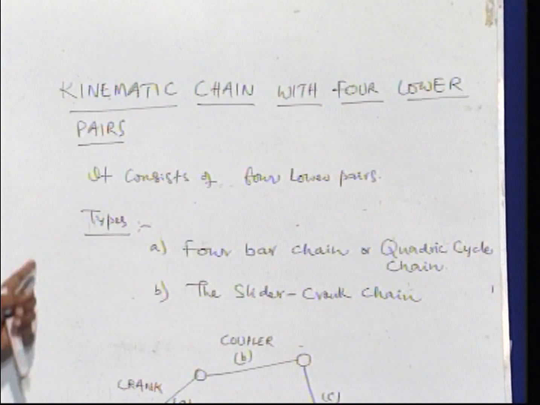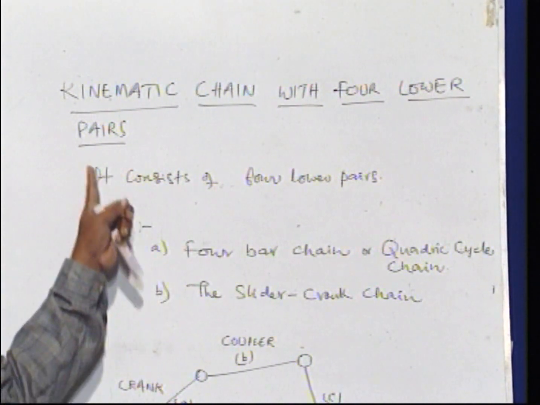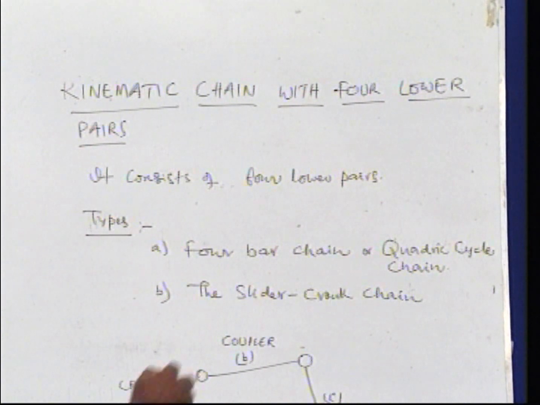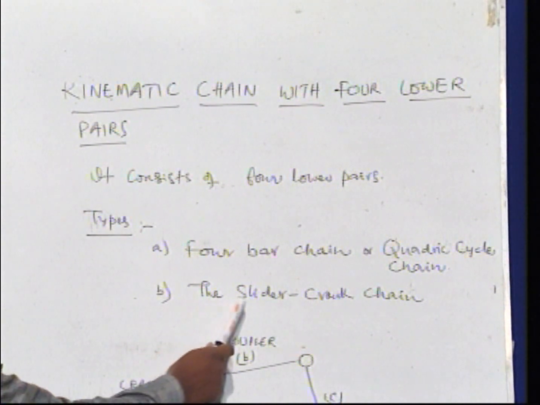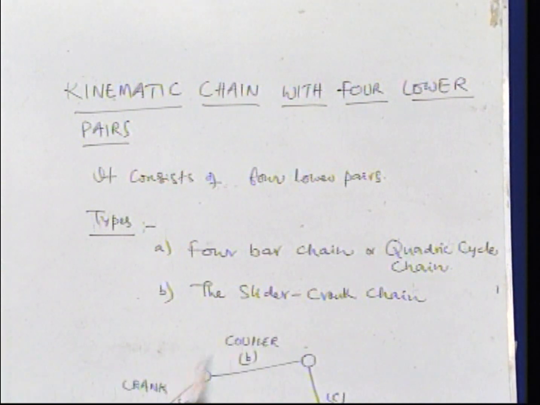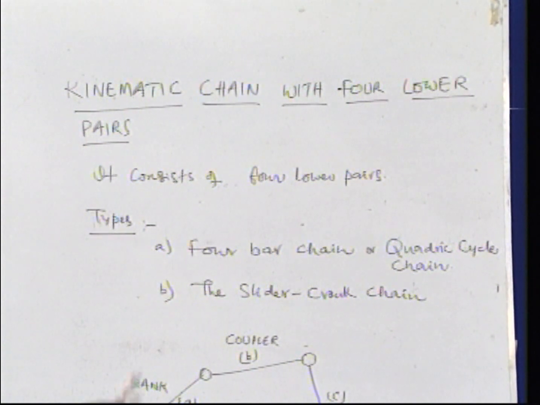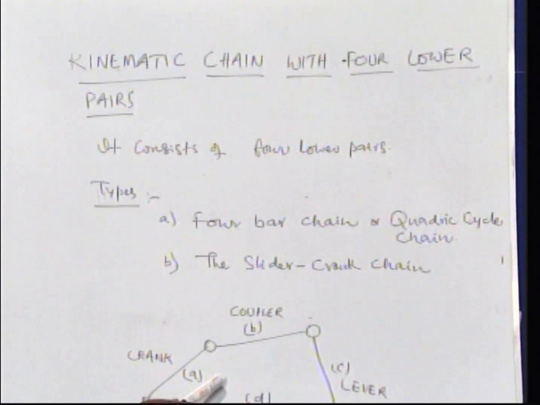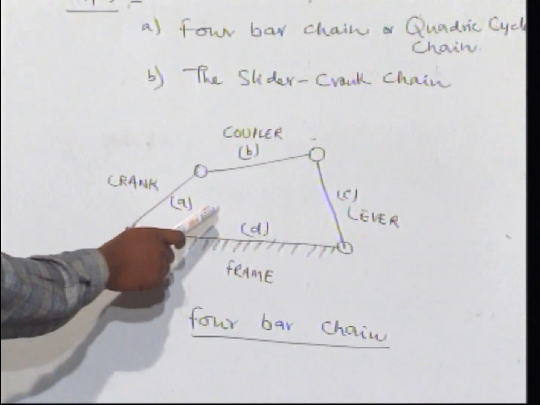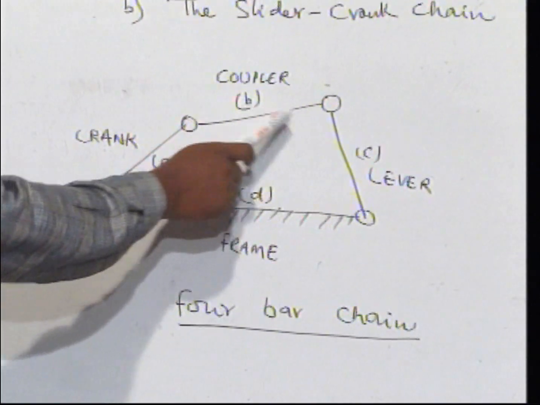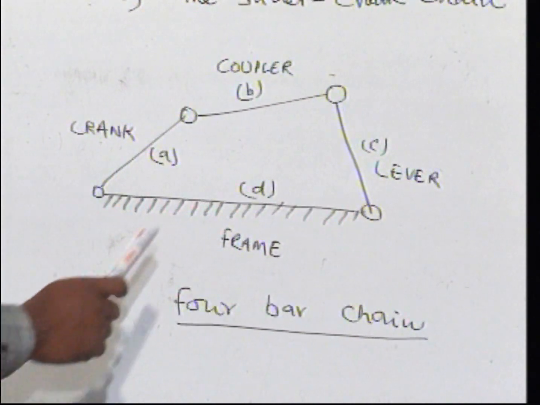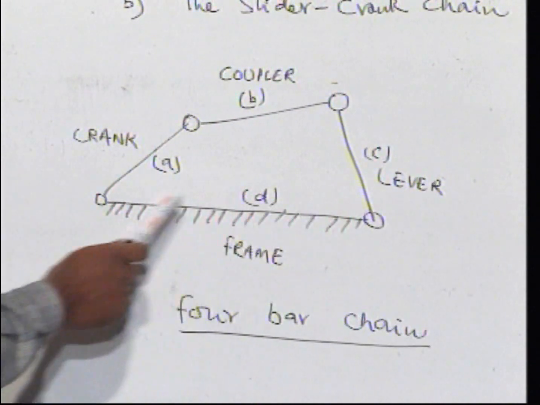The types of the kinematic chain with 4 lower pairs are the 4 bar chain or quadric cycle chain, and the second is the slider crank chain. Now, the 4 bar chain, as you see here, consists of 4 links, of which one link is fixed.